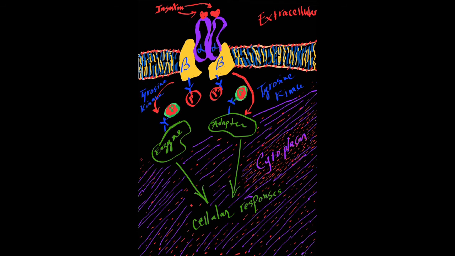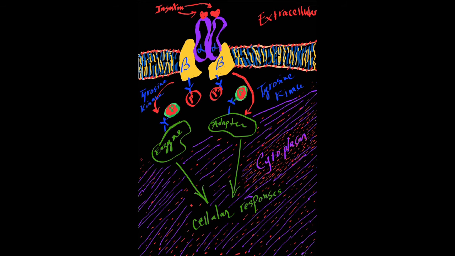That's called autophosphorylation, meaning the receptor phosphorylates its own subunits on specific tyrosine residues. These aren't loose tyrosines. They're part of the receptor itself, of the polypeptide making up the beta subunits. Very important. So that is a sign that the receptor has been activated by activating the tyrosine kinase activity.